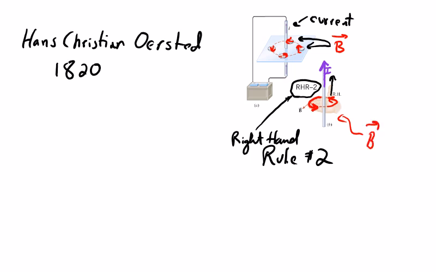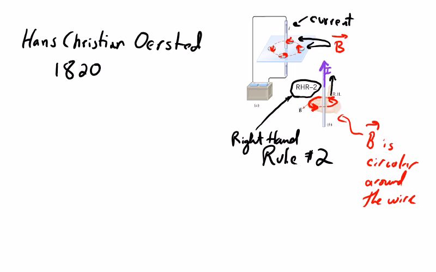So the magnetic field, B, remember magnetic field is B, is circular around the wire. That's one of the things that's kind of weird about it. It doesn't actually have a beginning and end. It's actually curving around. So the idea is you take your right hand, you point your thumb in the direction of the current, and your fingers will curl around that current to give you the direction of the magnetic field.